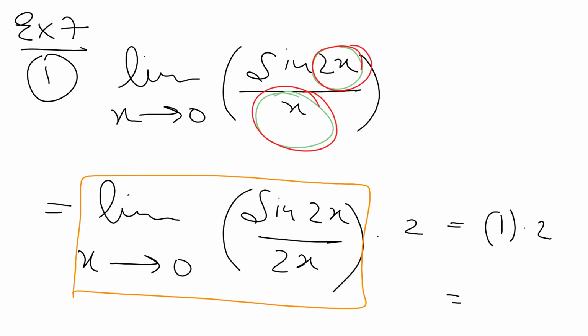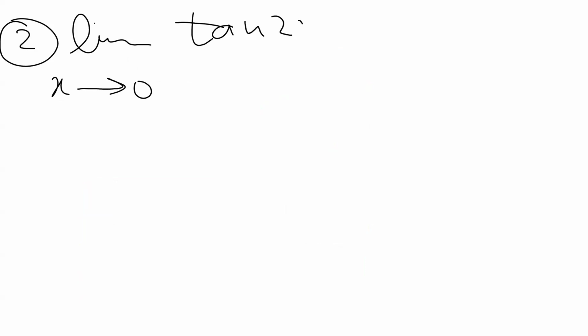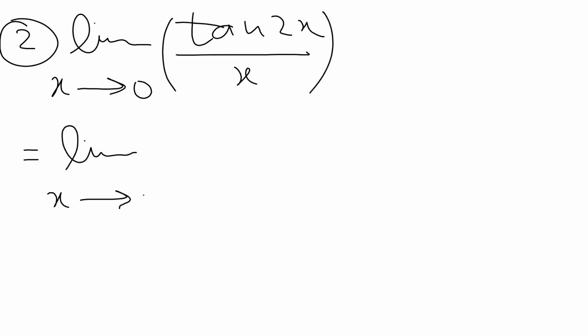Question number 2. I hope everybody has copied this. Limit x approaching 0, tan 2x upon x. This is 2x over here.